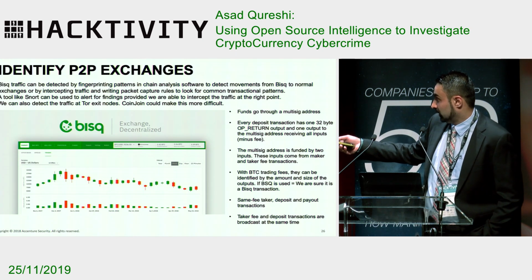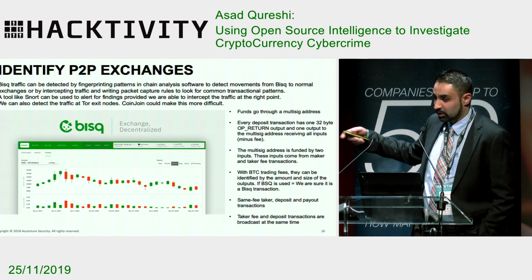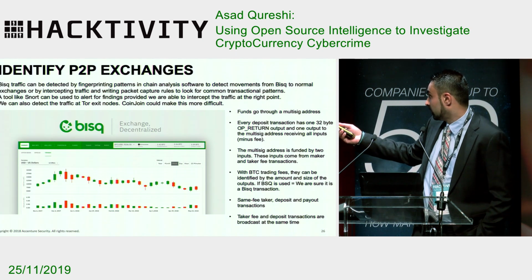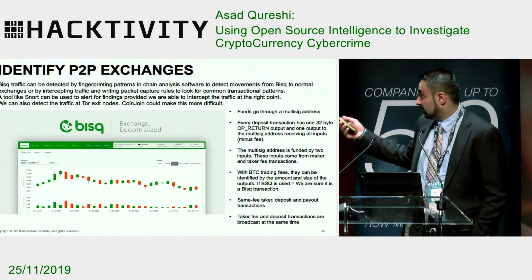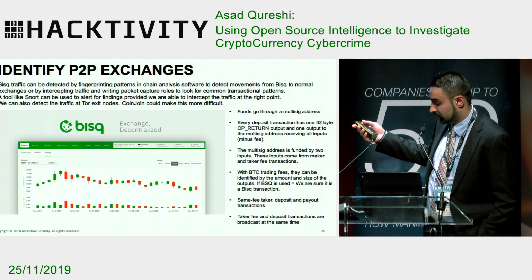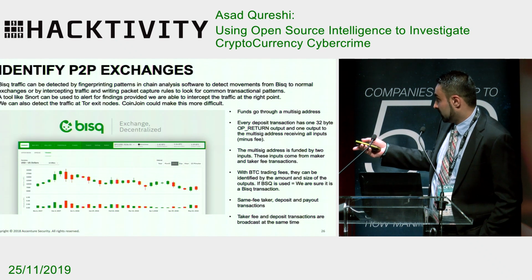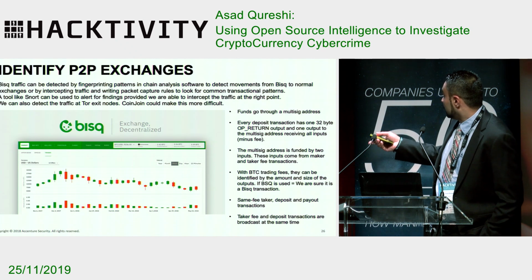Using BISC, we can actually buy and sell Bitcoin directly over the Tor network. But even if you're using BISC, it is still possible to figure out some information about the transaction.